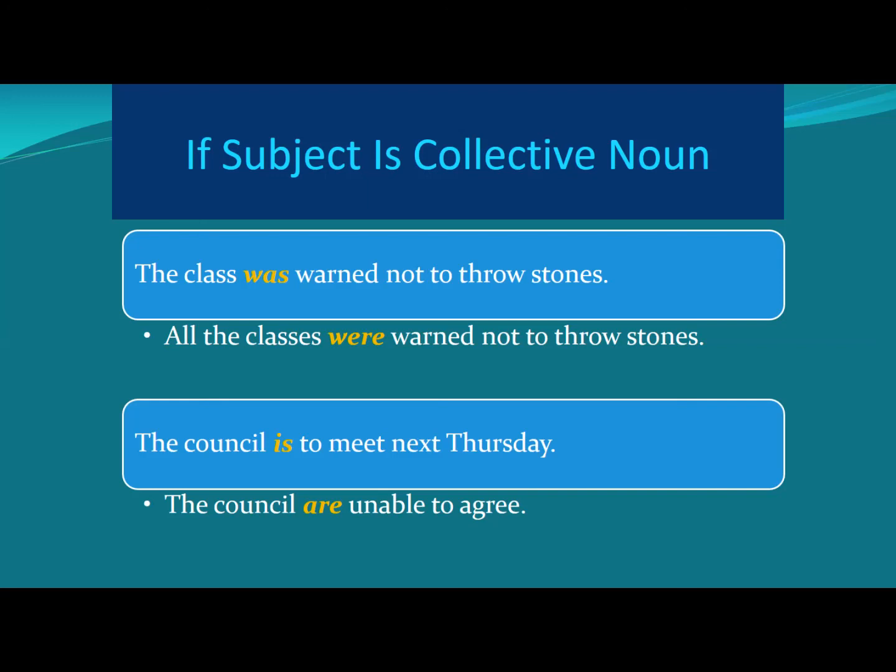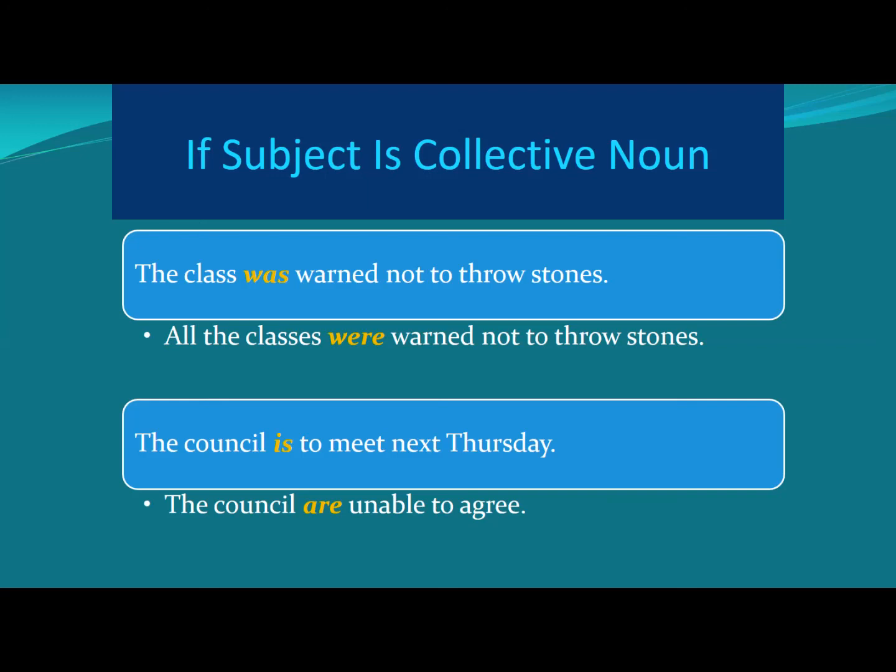But in the other sentence, all the classes were warned not to throw stones. Over here we are not talking about one class, but more than one class. So classes is plural, so the helping verb will be plural. All the classes were warned not to throw stones.